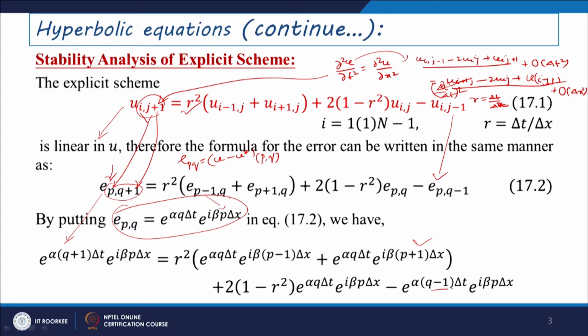So, q minus 1 del t e to the power I beta p delta x. So, if you just cancel some of these coefficient terms there itself.